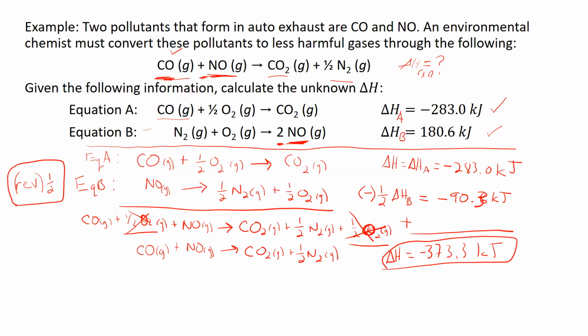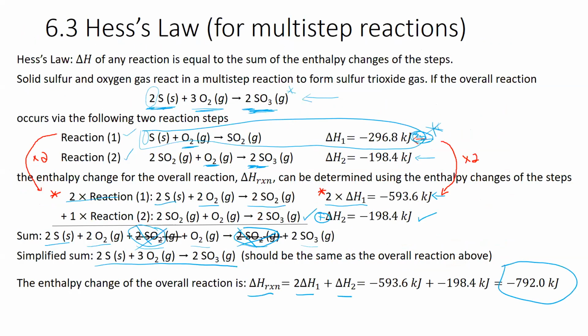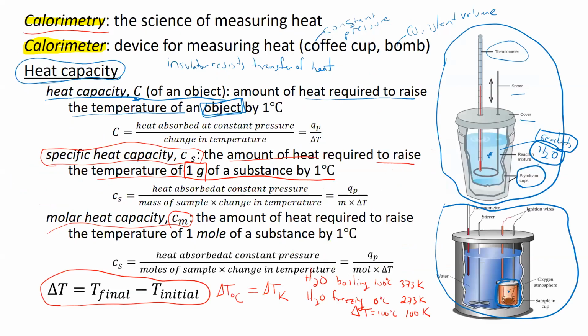Okay? So let's think about this briefly, if we go back up to our picture of our chemical reaction. So here's our coffee cup calorimeter. In this coffee cup calorimeter, if I have a chemical reaction taking place, remember I'm measuring the temperature of the water, right?